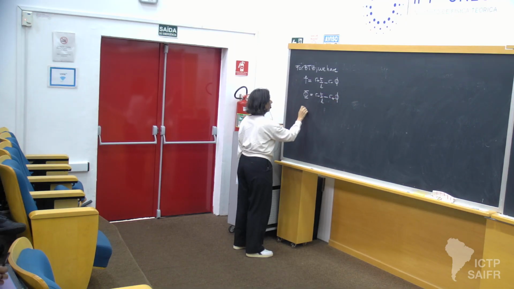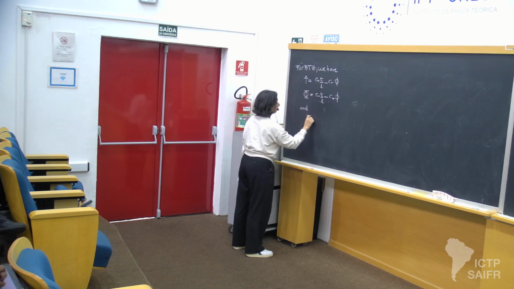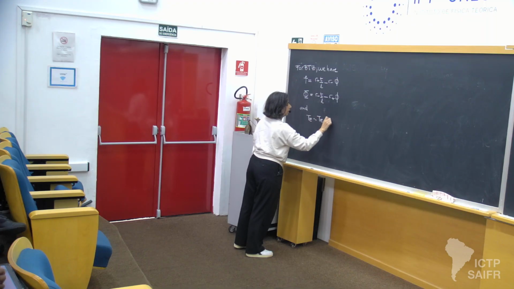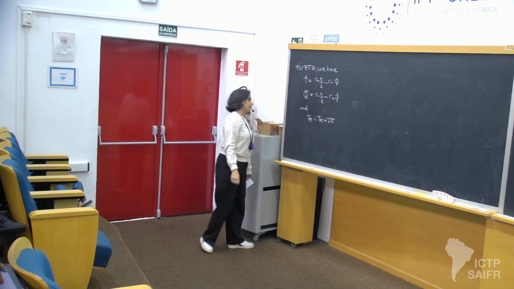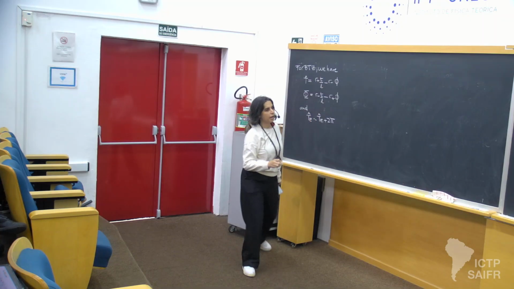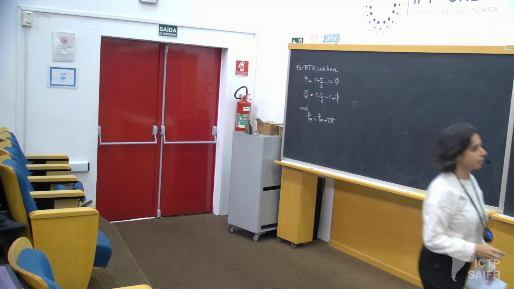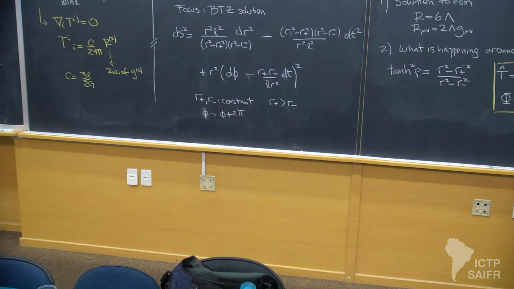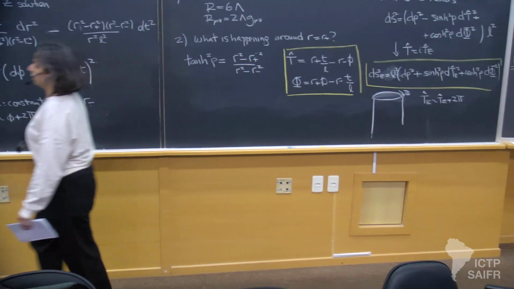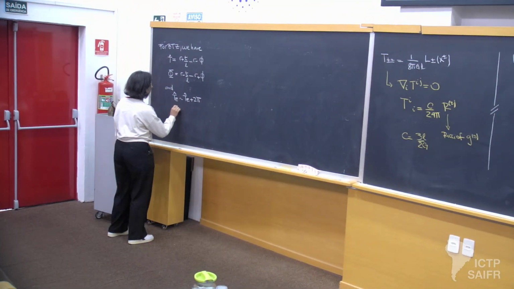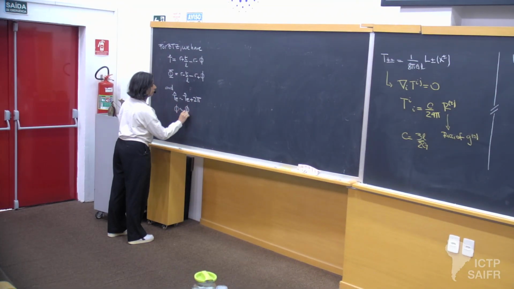And we have that this Euclidean time, sorry, did I put a hat there? No, I forgot to put a hat. This Euclidean time is periodic, and we have that phi is periodic.